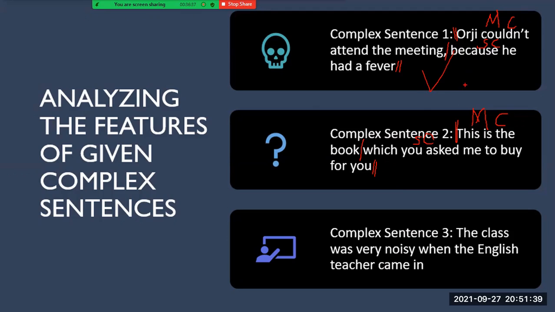All right. Now let's look at the third complex sentence. The class was very noisy. That's the main clause. Don't forget that the main clause makes complete meaning. I mean, it expresses a complete thought.